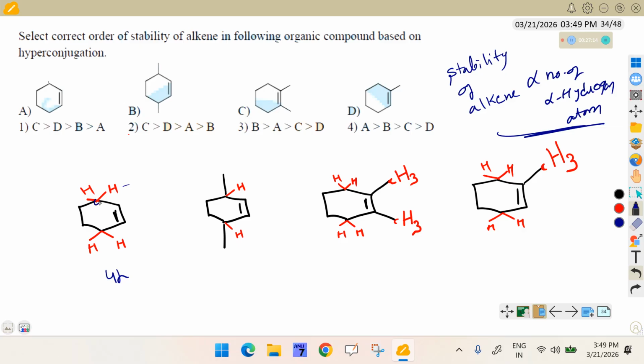This is an alpha carbon, 2 alpha carbons, 2 alpha hydrogen atoms are present. 7, 8, 9, 10, 10 alpha hydrogens are present. With respect to alkene, 3, 4, 5, 7 alpha hydrogen atoms are present. As the number of alpha hydrogen atoms increases, stability of alkene also increases. Based on that, C is more stable, D after A after B. Second option.